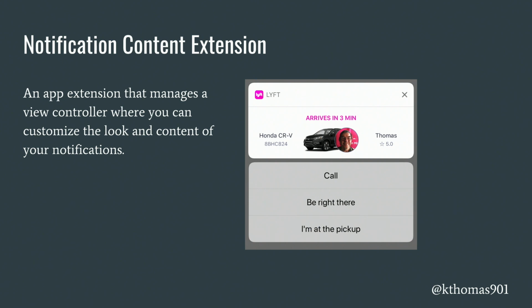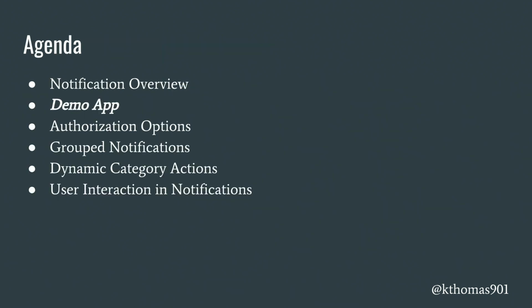So in this example, you see Lyft has added the look of the car, the license plate number, a picture of the driver, and allow you to easily call, notify the driver that you're there directly from a notification. And rich notifications are really powerful because they give the user the option to get value from the notification and also take action, right, without having to go directly into your app.